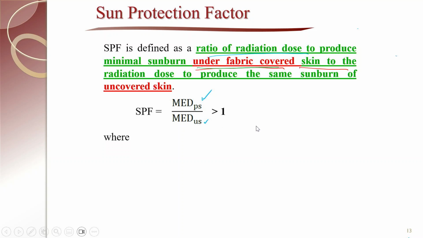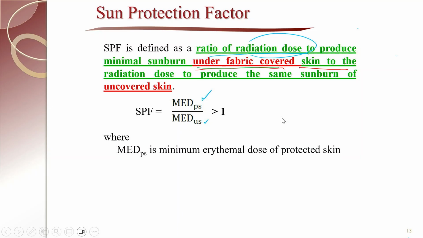MED means your radiation dose. MED PS is the minimal erythemal dose of protected skin.